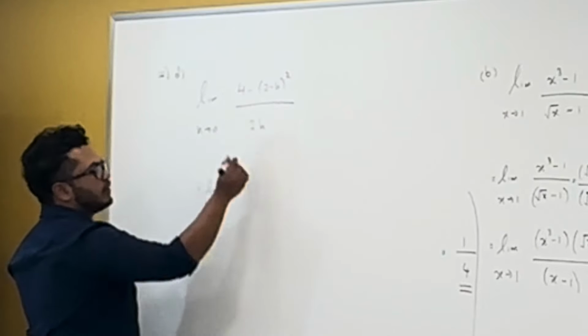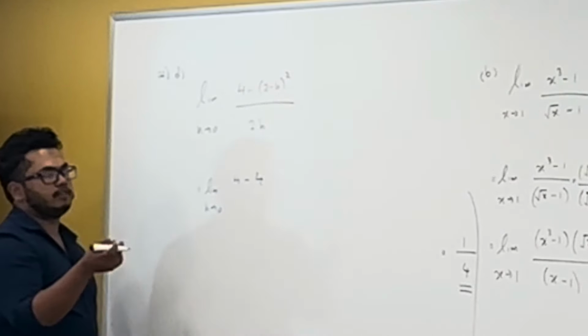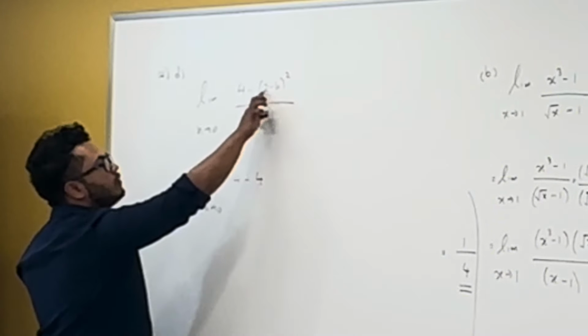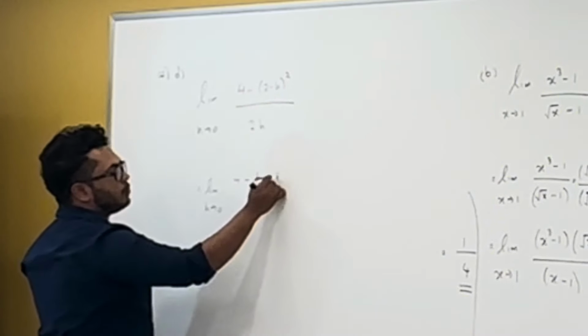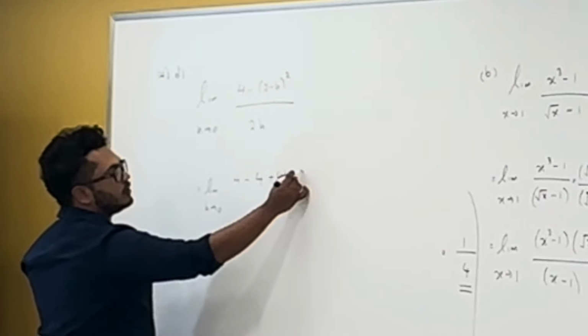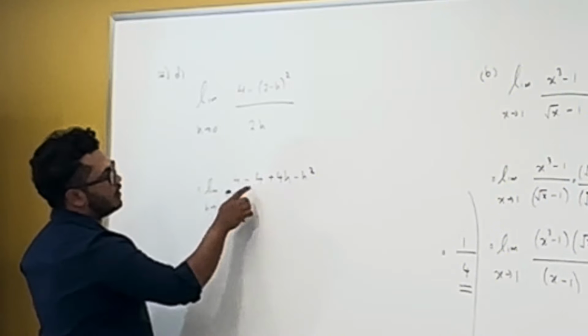If you square the first guy, it's 4. Twice of the product, it's 2 times h times 2, 4h, but you have minus here, so it's minus 4h. H to the power 2, and it's plus h to the power 2. When you subtract from 4, the 4 and 4 cancel out, that's the trick, okay?